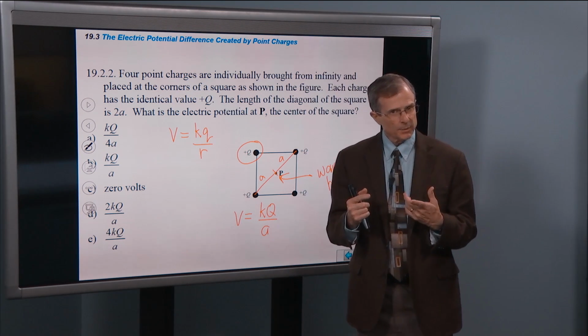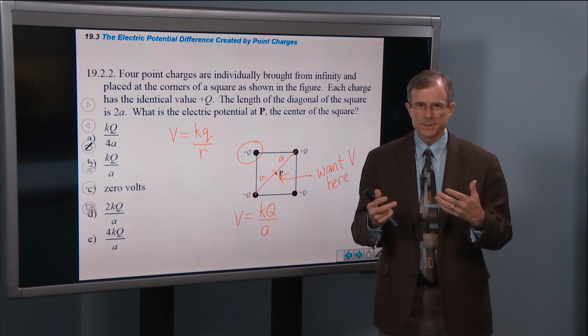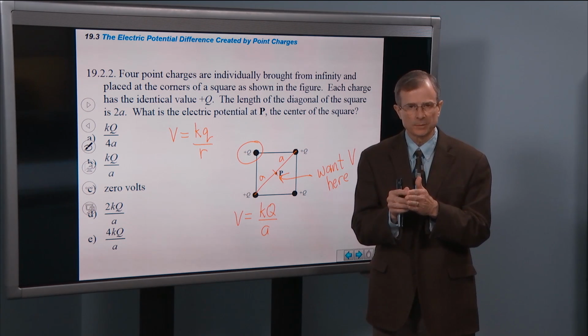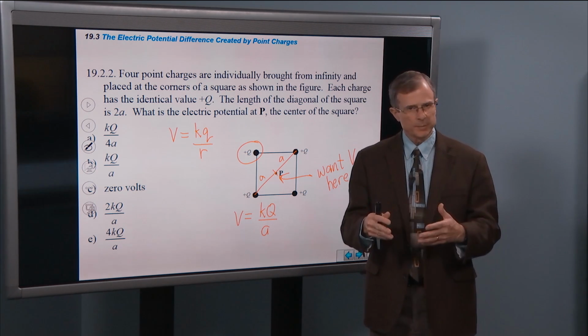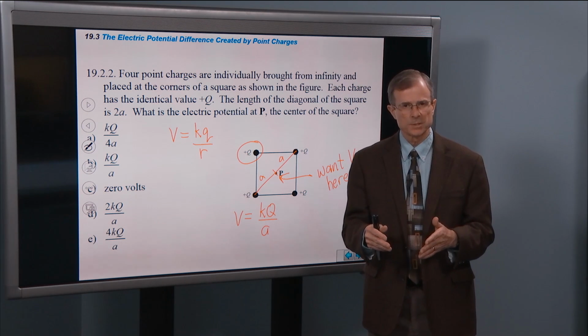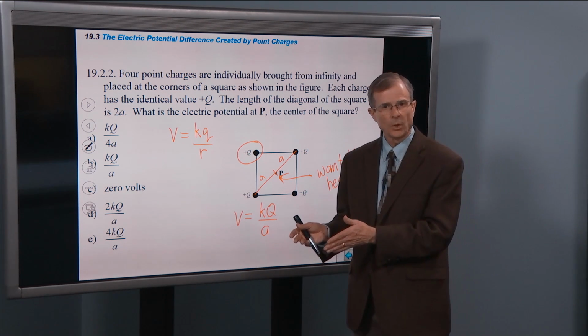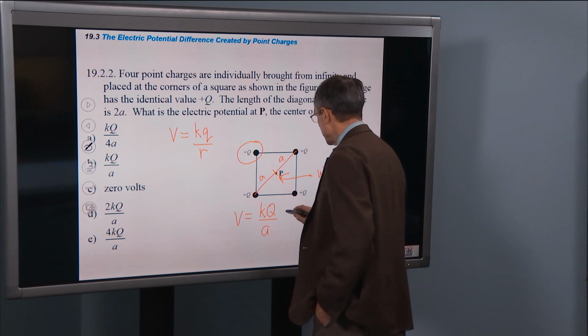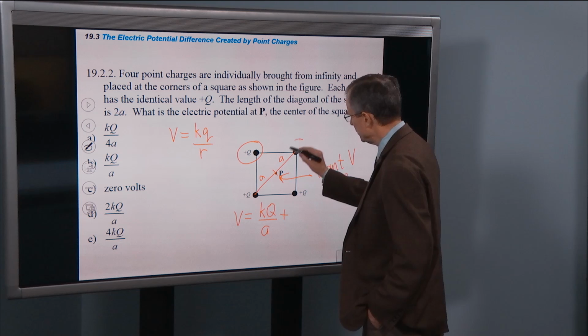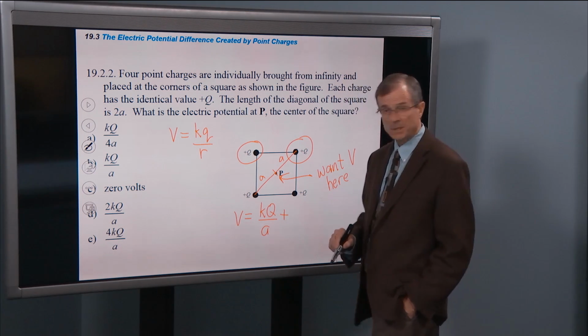But just like electric fields are additive to get the net electric field, electric potentials are also additive. So you add up all the potentials due to all the charges, and that gives you the total electric potential. So let's add in the electric potential due to this guy. Well, what's he going to be?